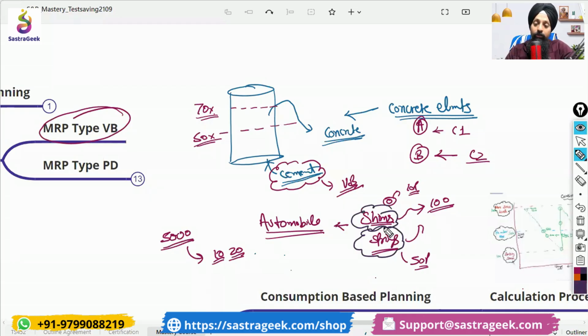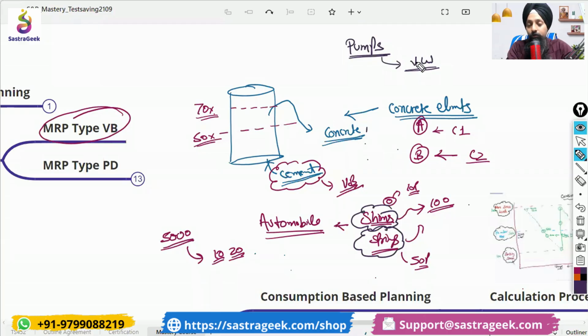But say we are producing engines, or let me give you an exact actual example. We are producing pumps, diesel pumps, for a client called VW, Volkswagen.